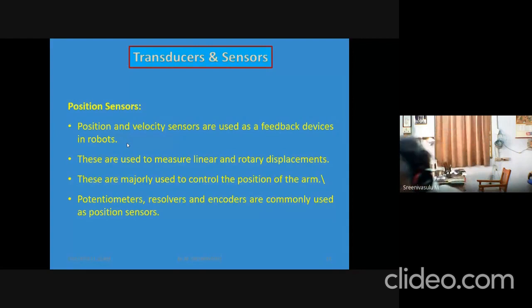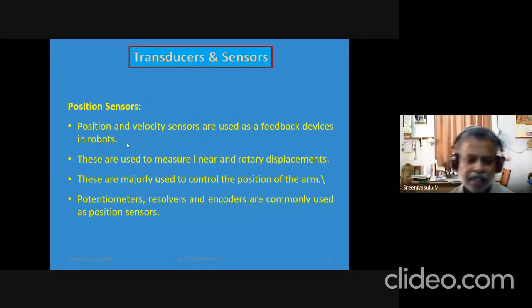Potentiometers, resolvers, and encoders are commonly used as position sensors. Potentiometers are not new for you. That uses a Wheatstone bridge. You have already come across this in your earlier, pre-engineering course, at your intermediate, or it would even have come to you in 10th class or so.